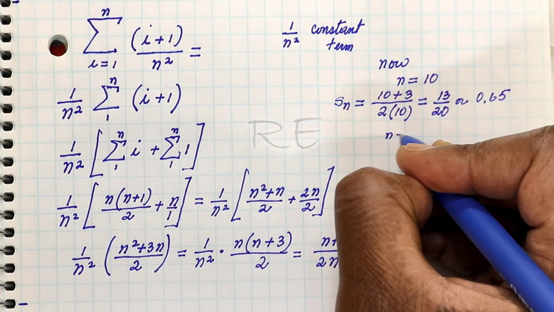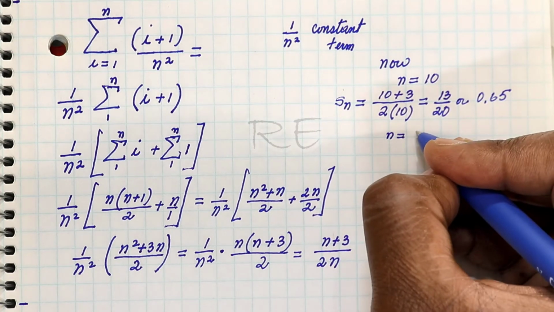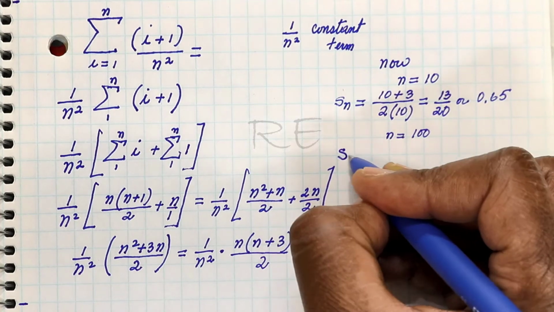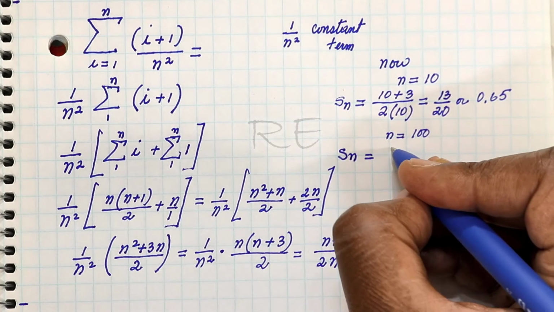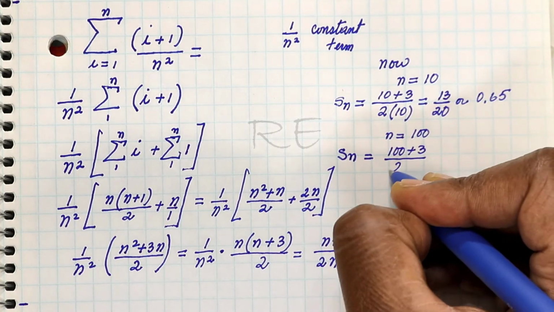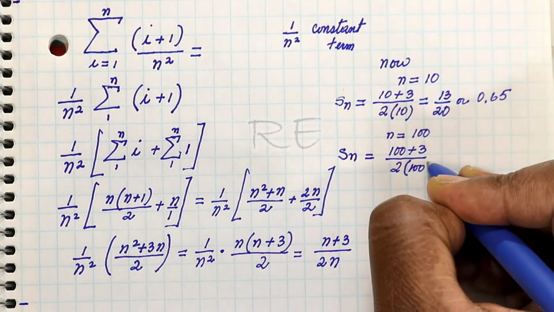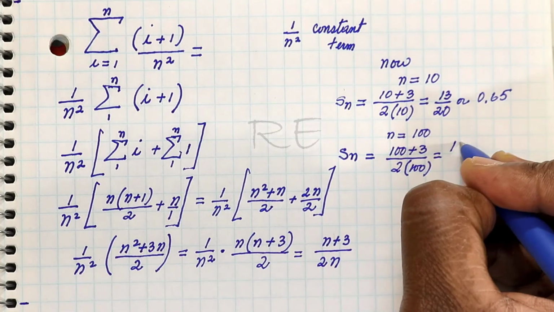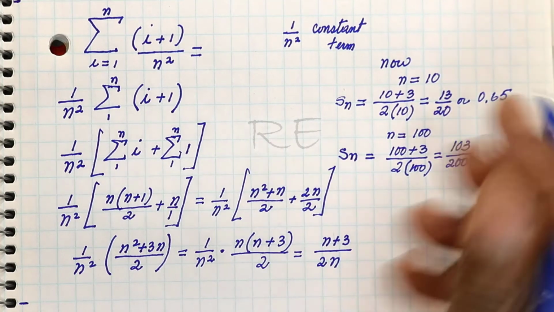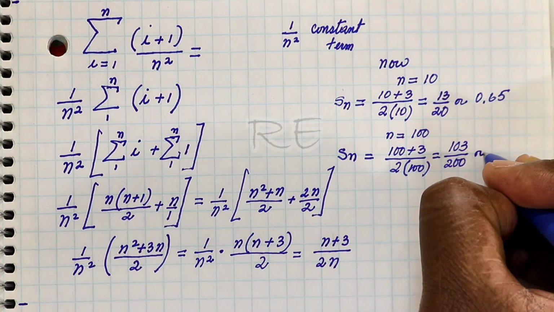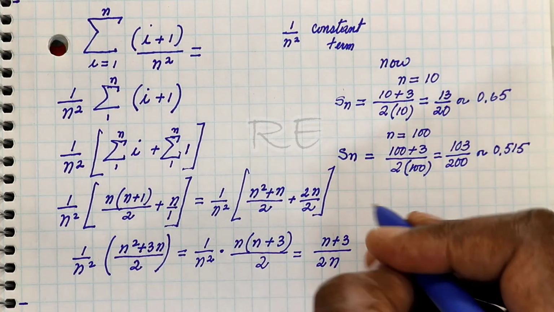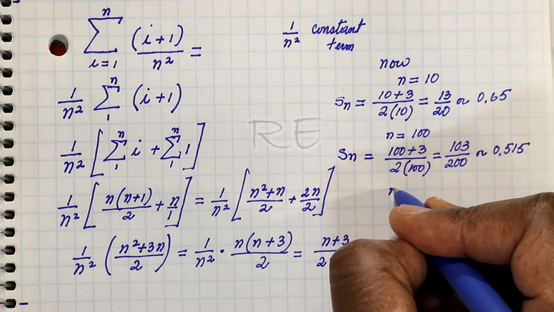When n is equal to 100, the sum Sn, according to the formula, will be (100 + 3) over (2 times 100), which is 103 over 200, or 0.515.